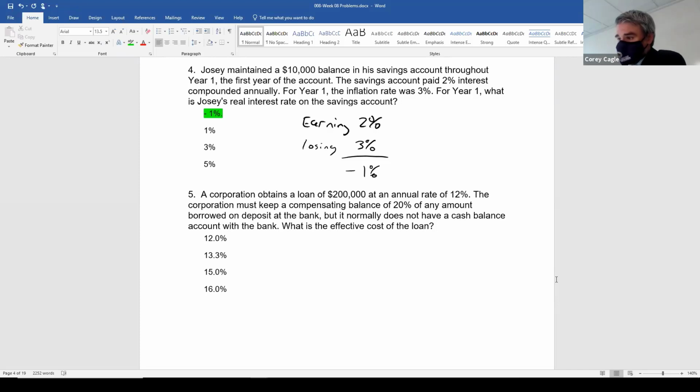All right, so we got to pay interest on all of that, even though we don't necessarily have all of that we can use, right? So you're charging us interest on all $200,000. $24,000 of interest.